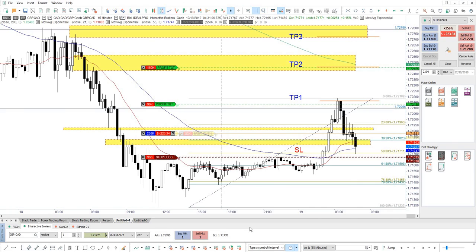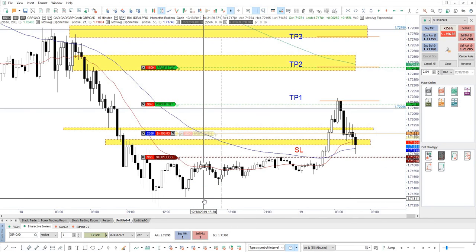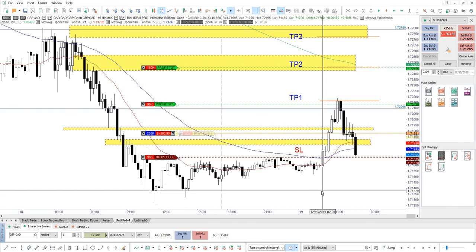And just imagine if the prices rebound from here and go all the way to hit our take profit levels, how satisfying it will be, because you just followed your trade plan completely. So I thought I'll show you that in this video, how to devise a trade plan and follow the trade plan. Let's hope it works in our favor.